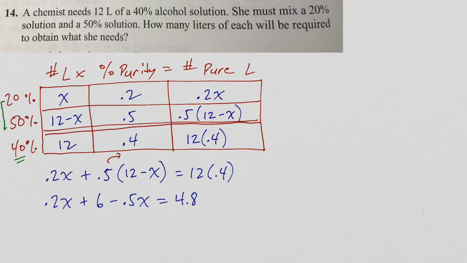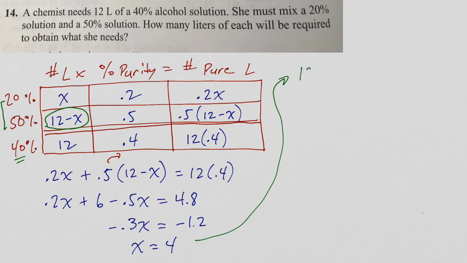Now I'll combine my like terms. 0.2 minus 0.5 is negative 0.3x. 4.8 minus 6 is a negative 1.2. So x must be equal to 4. Then I need to find this value here, the 12 minus x. So let's bring that up over here. 12 minus 4 is 8.